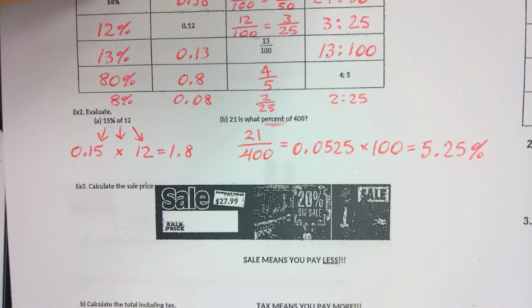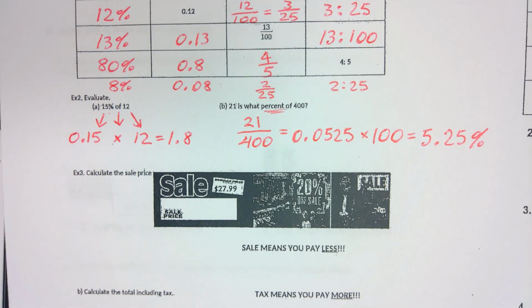So example 3. Who likes shopping? 3 people only? Oh, 4 people? Really? How do you guys get your clothes? Okay. Huh? Did you say Temu? It takes 2 weeks to arrive though.